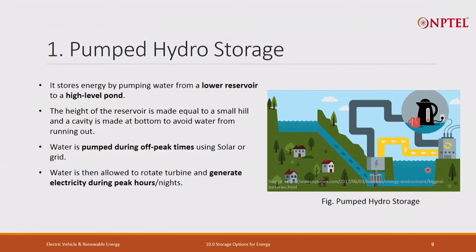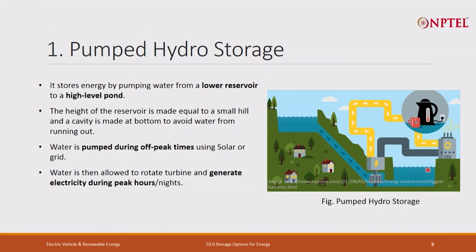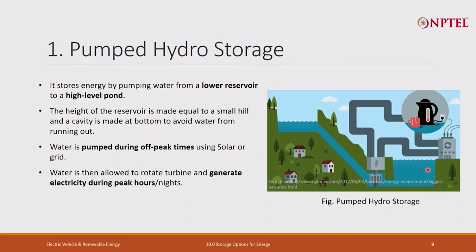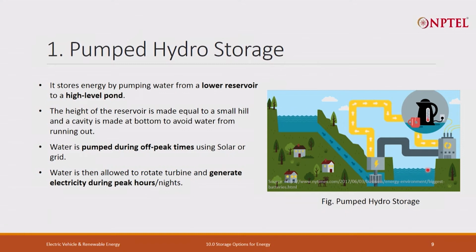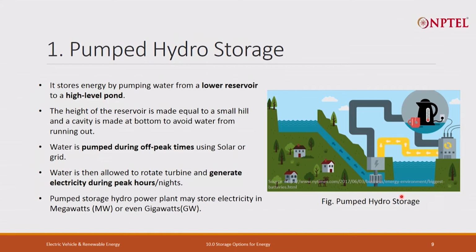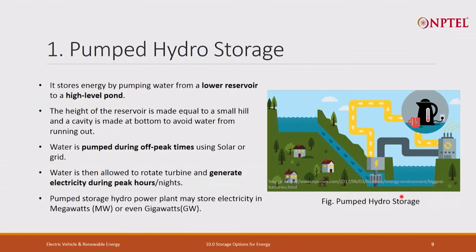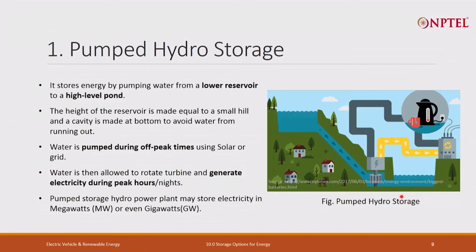Whenever you have demand, you generate electricity by running it through the turbine in generator mode. So that's about the pumped hydro system. Generally it is economical when you go for gigawatt-hour storage. At a small level it won't work out; the economics don't work out well.